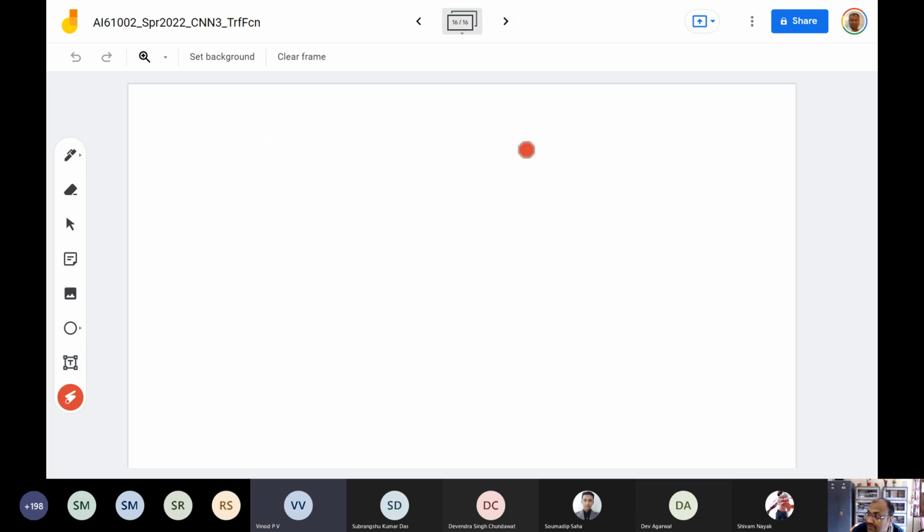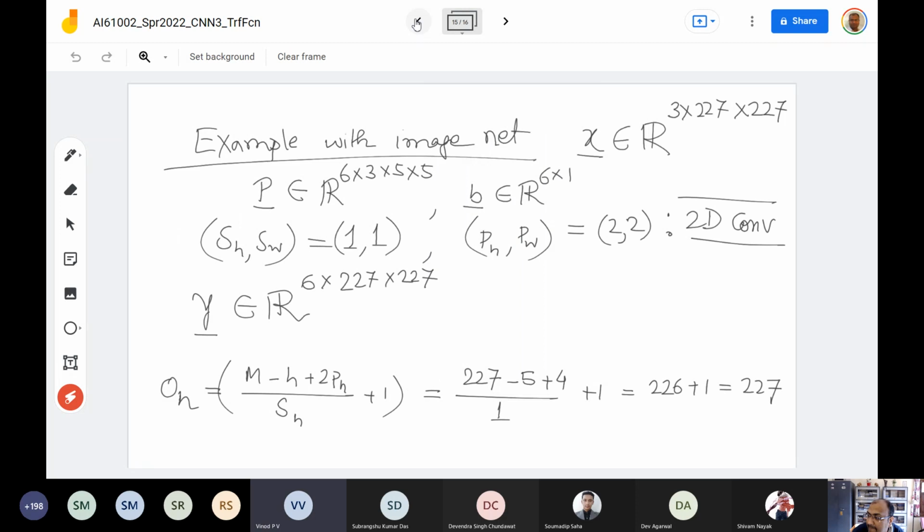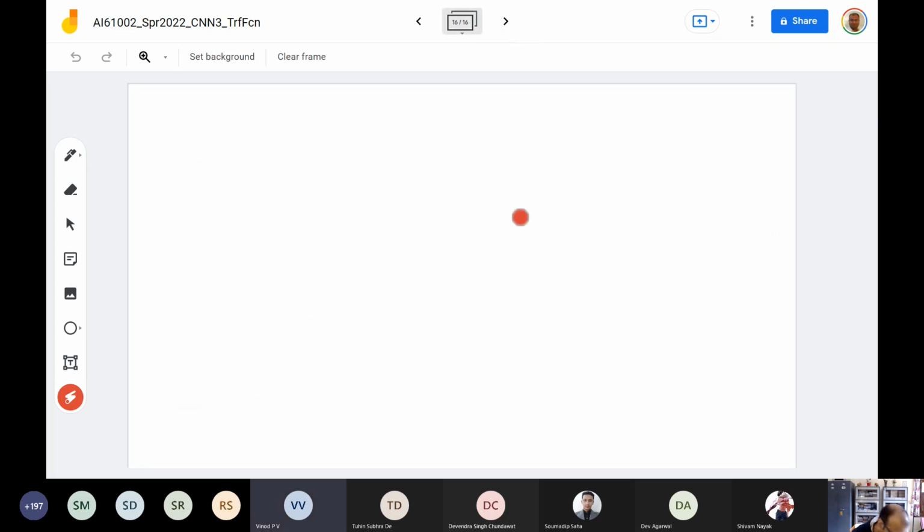Sir, we could increase the size of the kernel if we want to do that. So like 6 cross 3 cross 6 cross 6. Yes, so it has to be an even sized kernel. Okay, now let me not get too much worried about it.